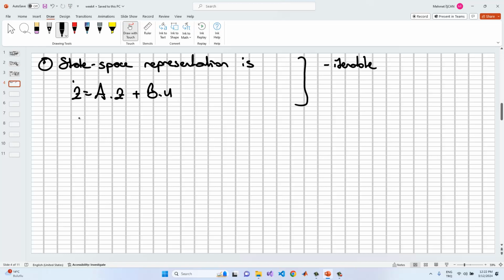And we can take y equals Cx plus Du. This is the state equation, and this is the output equation. We can give the output from the system to the outside.